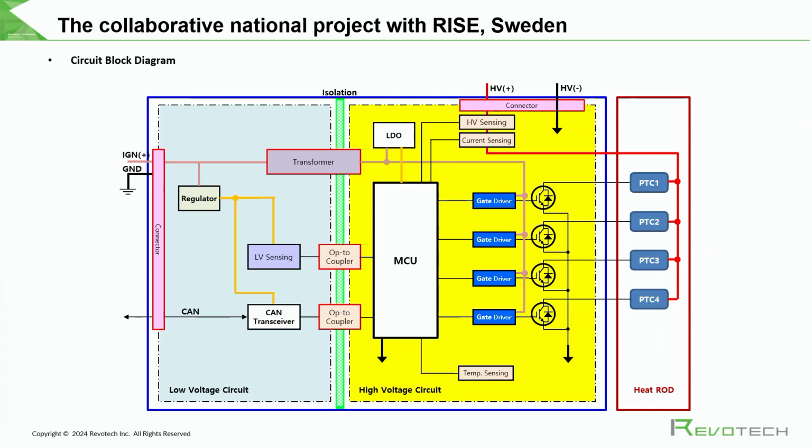This diagram depicts the PTC system, which isn't a half bridge setup. Instead, it generates heat by running current through a resistor known as the load. The SiC MOSFET handles the current flow during switching.